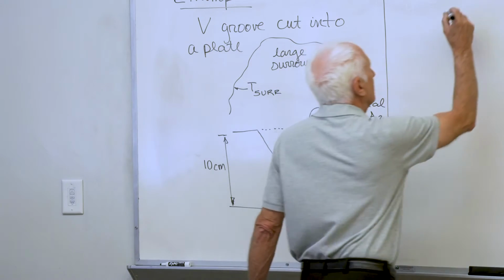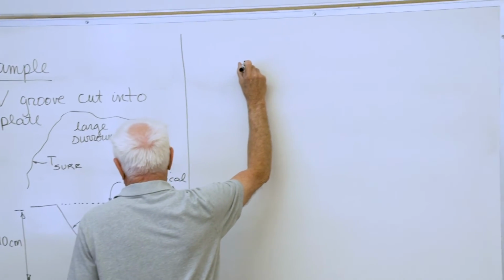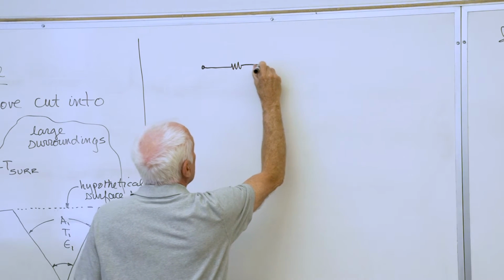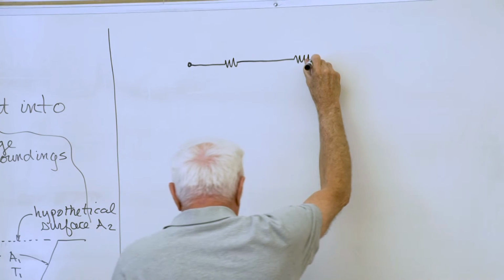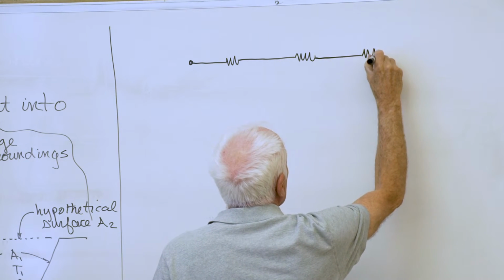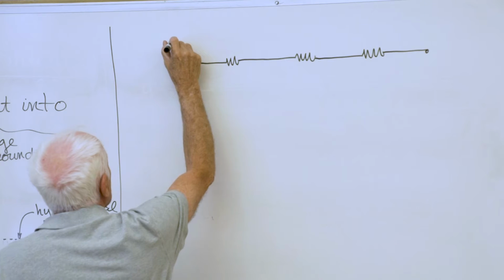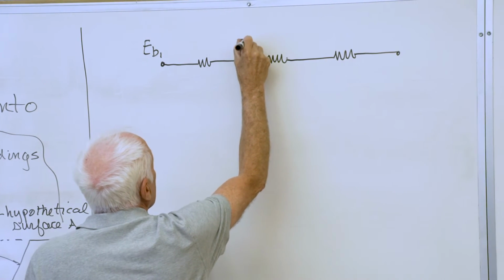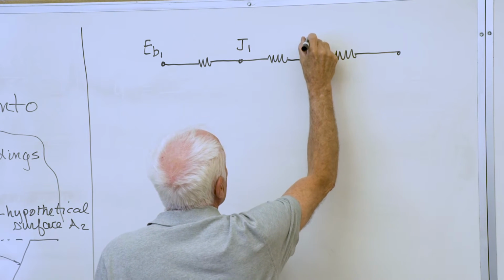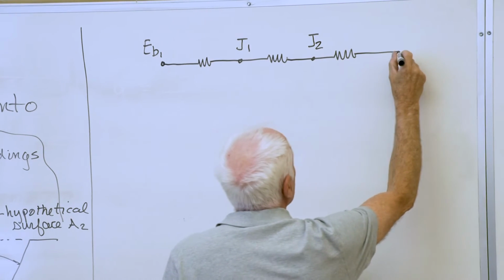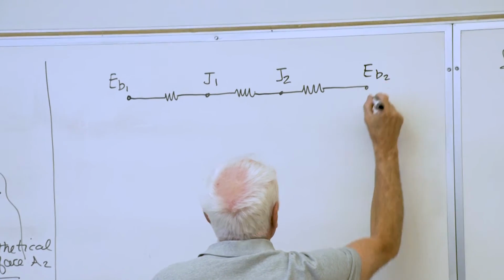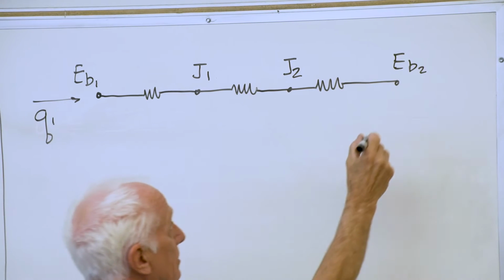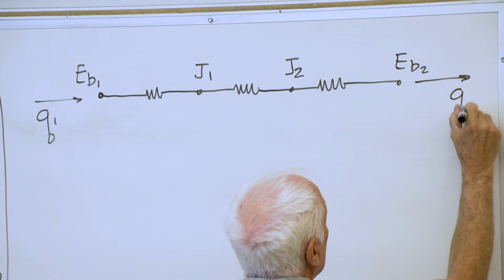So I'm going to construct my circuit. We'll assume that T1 is hot and the room is cooler. This would be EB1, J1, J2, EB2. These are in series, so of course Q1 equals Q2.